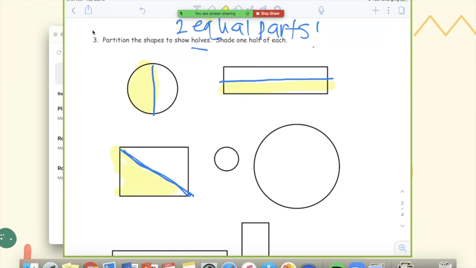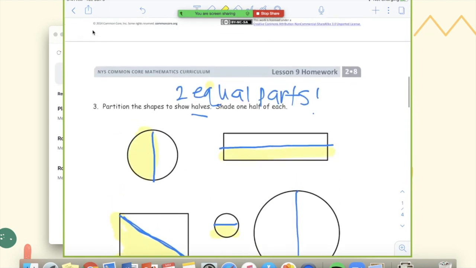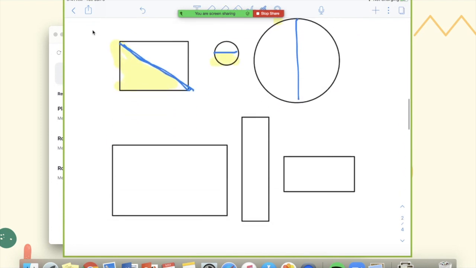This circle, I'm going to go horizontal. This circle, I'm going to go vertical, and then I'll shade them both at the same time. Okay, and then this rectangle, I will go horizontally, just using your best eyes to make sure that each part is equal.